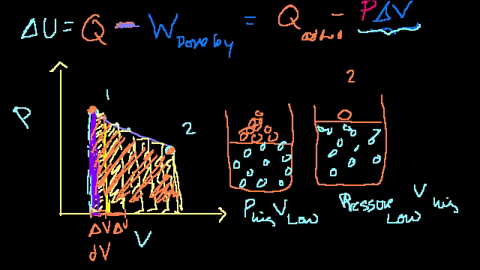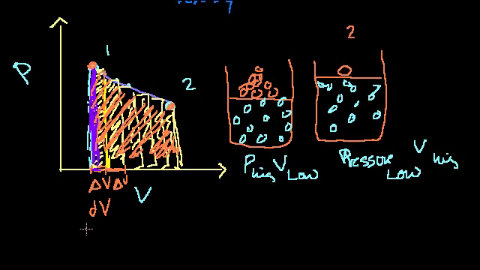If you wanted to know the real math behind it, if you could get your pressure as a function of volume, and if you haven't watched the calculus videos, you can ignore this little aside I'm going to do here. But essentially, this is this curve right here. Let's say you could write pressure as a function of volume, right? When you're in algebra, you learn a curve is y is a function of x, but here y is pressure and x is volume.